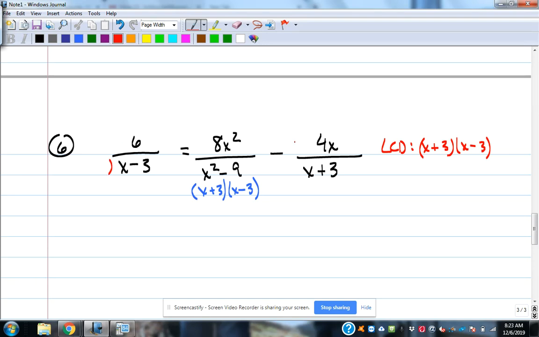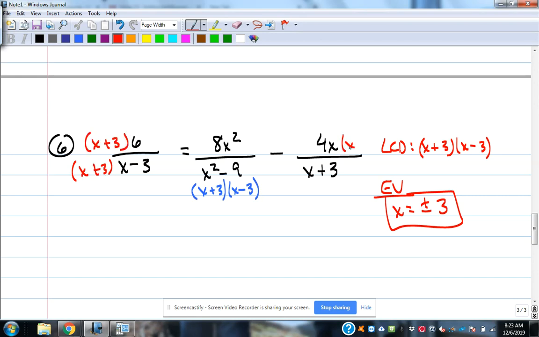So we have to find excluded values. Let's do that first. That's plus or minus 3. All right, so then x plus 3 on the first one, x minus 3 on the third one. But what about the second one? Nothing needed. It's got everything, right? So 6x plus 18.